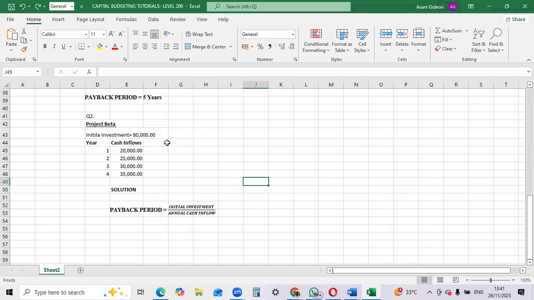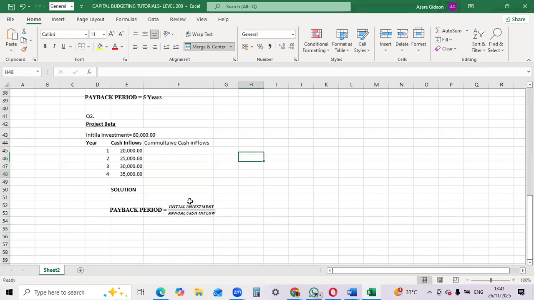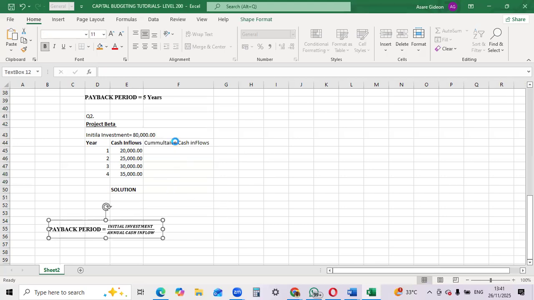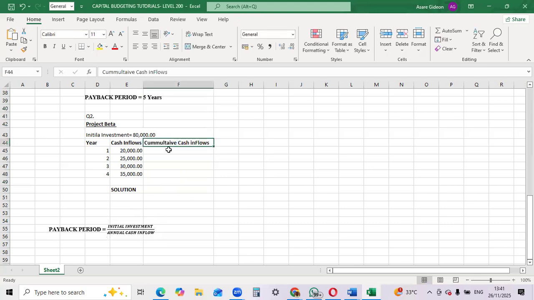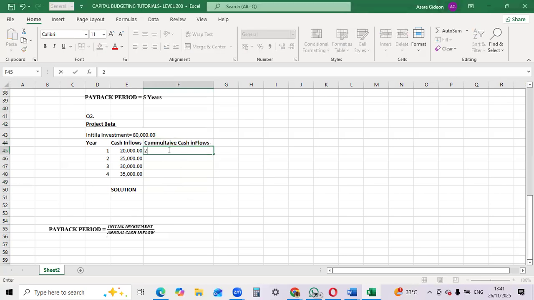Right. So let's add our cumulative column. So this is going to be 20,000.